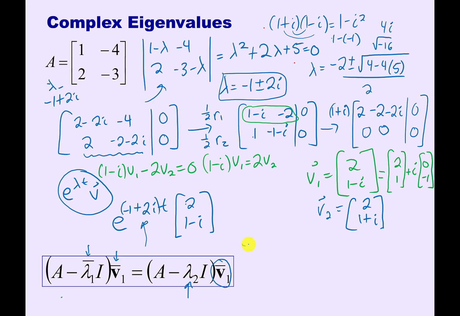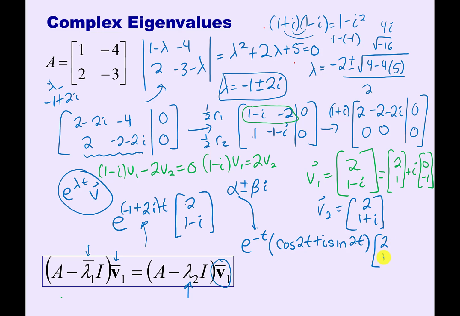So we're going to have e to the -t. If you remember, this book uses alpha and beta, so if our complex number is alpha plus or minus beta i, remember the alpha goes in front of the t, so in this case that's a -1. And then we have multiplied by cosine of beta t, in this case it's a 2, plus i sine of 2t, and then that would need to be multiplied by this eigenvector, and actually I'm going to have it split.